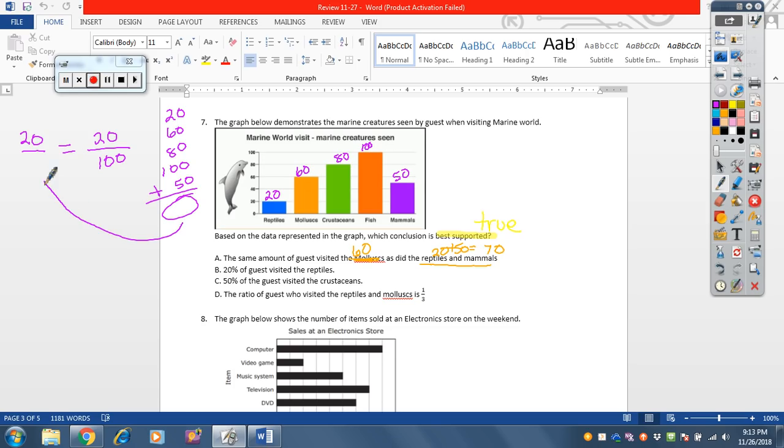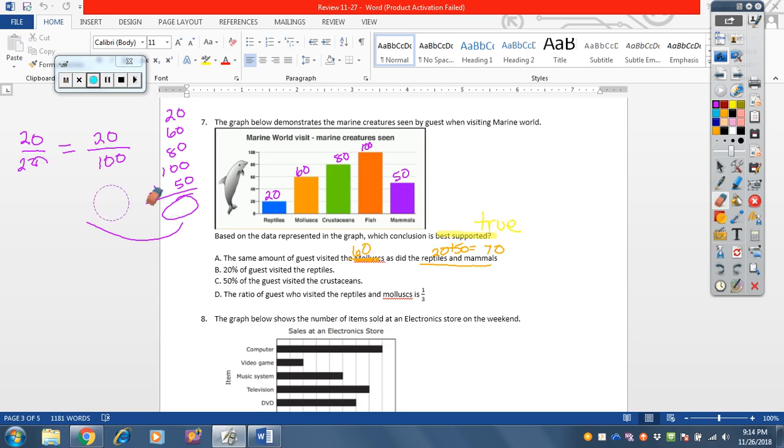This number goes here. I'll give you a second to compute that. So I end up with 230.